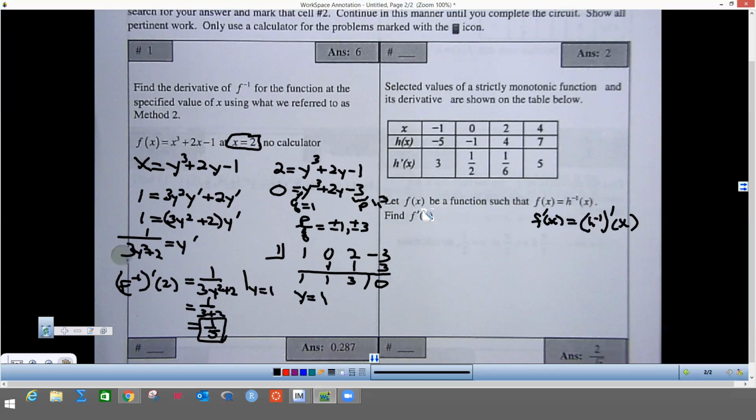And I'm supposed to find f prime of 4, which means I need to find the derivative of the inverse function of h at 4.